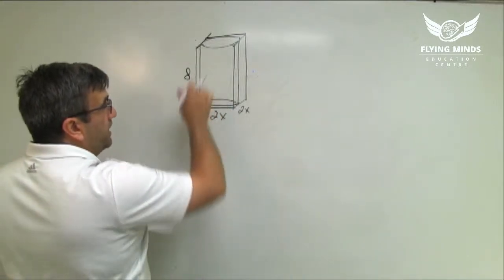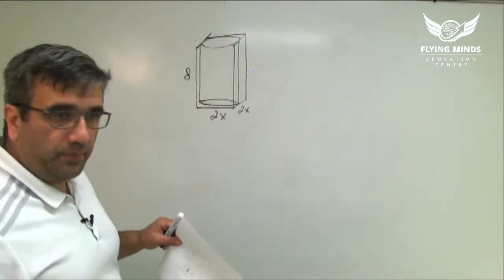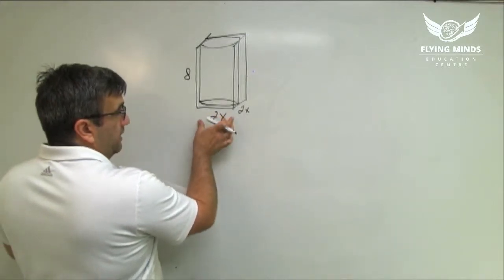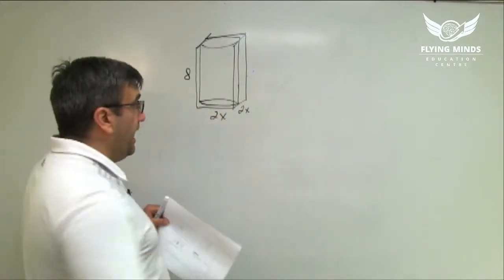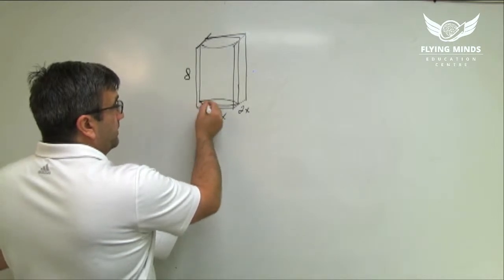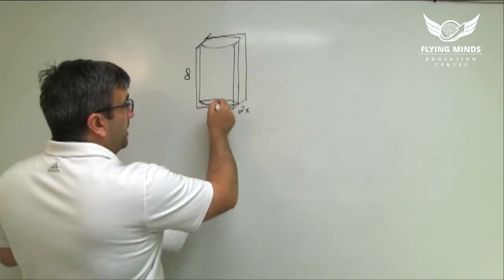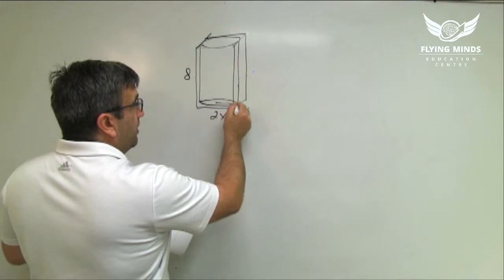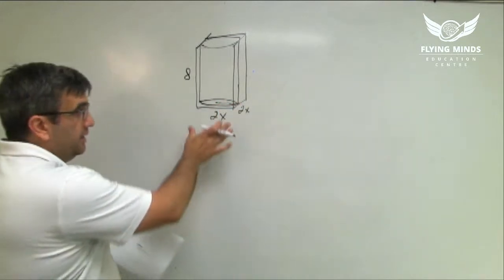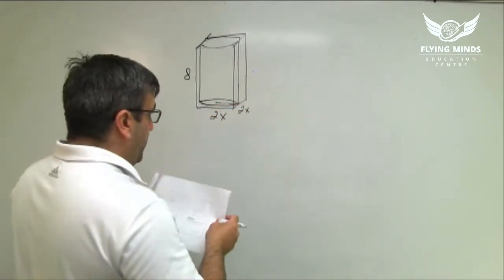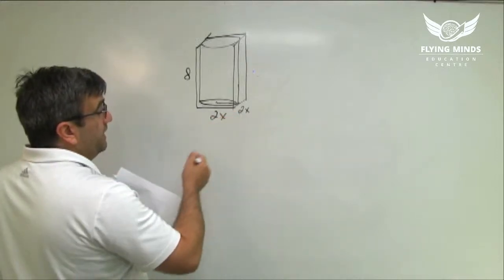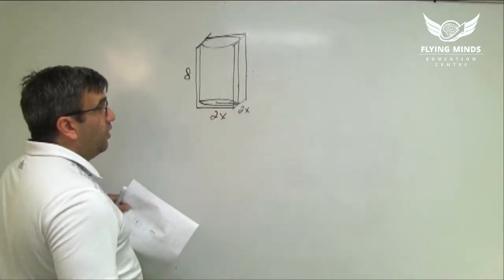Okay, so to calculate the surface area of the cylinder, we need to know the radius, right? And the radius will be half of the length of the base. So what we need to find is the length of the base.